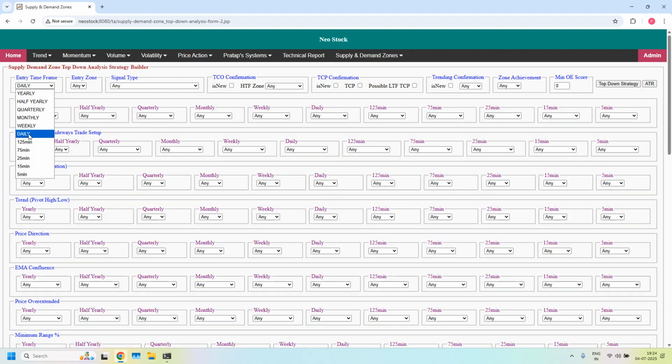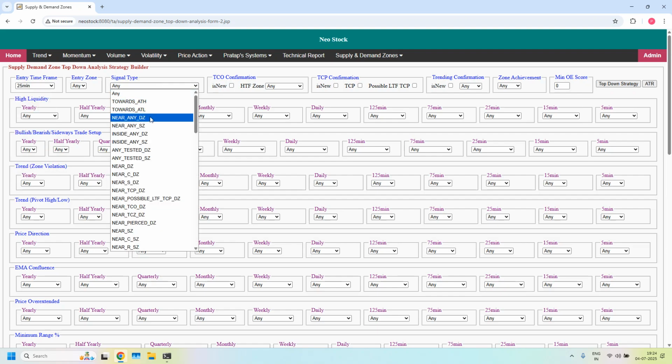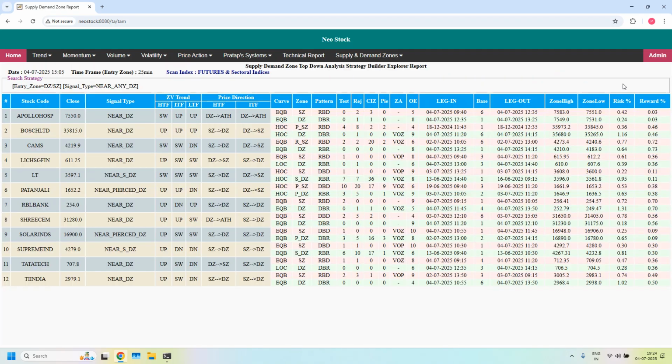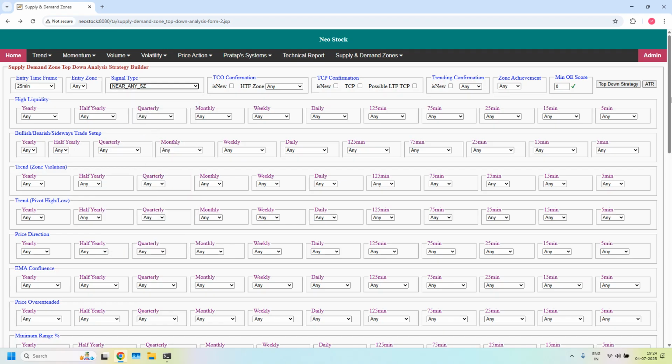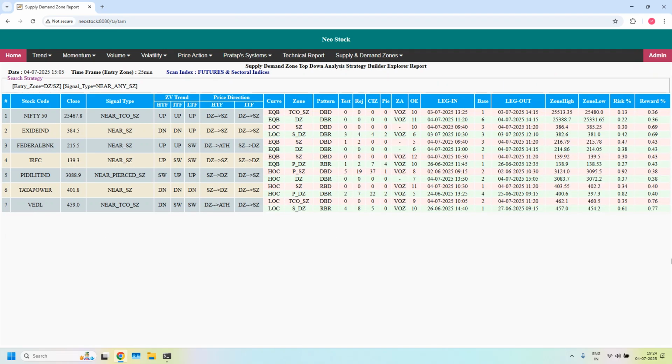Stocks near to the 25 minutes demand zone, we got 12 stocks. Next, stocks near to the 25 minute supply zone, we got 7 stocks.